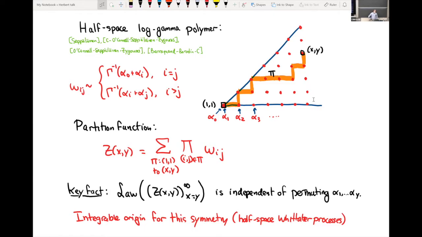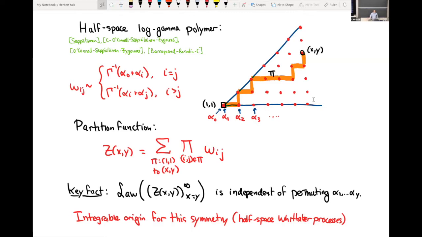So there's a way of embedding these partition functions in a measure on continuum limits of partitions, in the sense of Young diagrams, and those measures get written in terms of things called Whittaker functions, actually things Neil mentioned. You can see the symmetry exactly from the symmetry of Whittaker functions with respect to their parameters. Now that might not be the most fulfilling answer, but that's what I'll give.